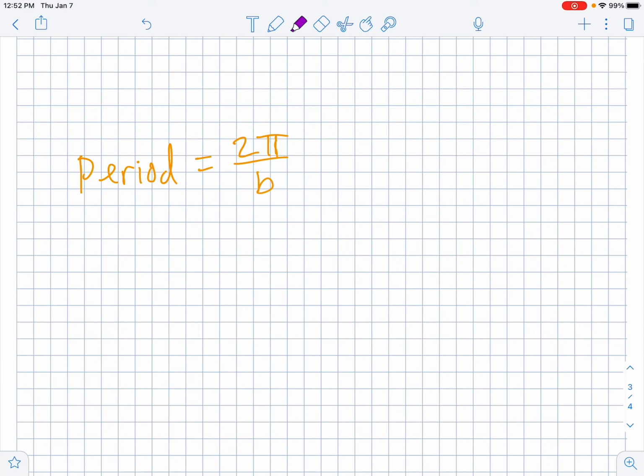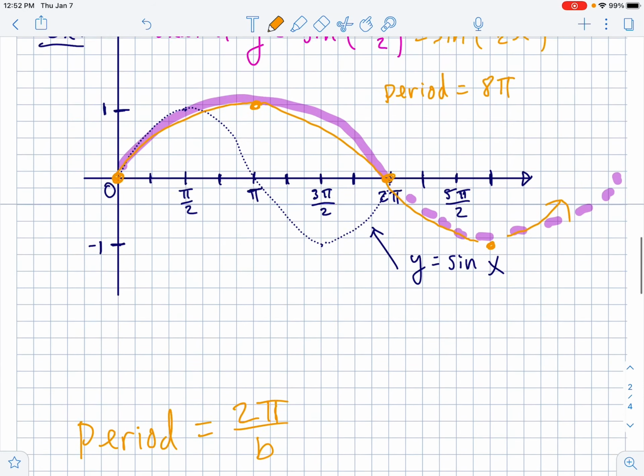So if it's sine of 5x, that means between 0 and 2 pi there are going to be 5 full sine curves, so the period would be 2 pi over 5. Also, for that last one where b is equal to 1/2, you just say period is equal to 2 pi over 1/2. If you're dividing by a fraction, you keep the top and multiply by the bottom upside down, so we get 4 pi.